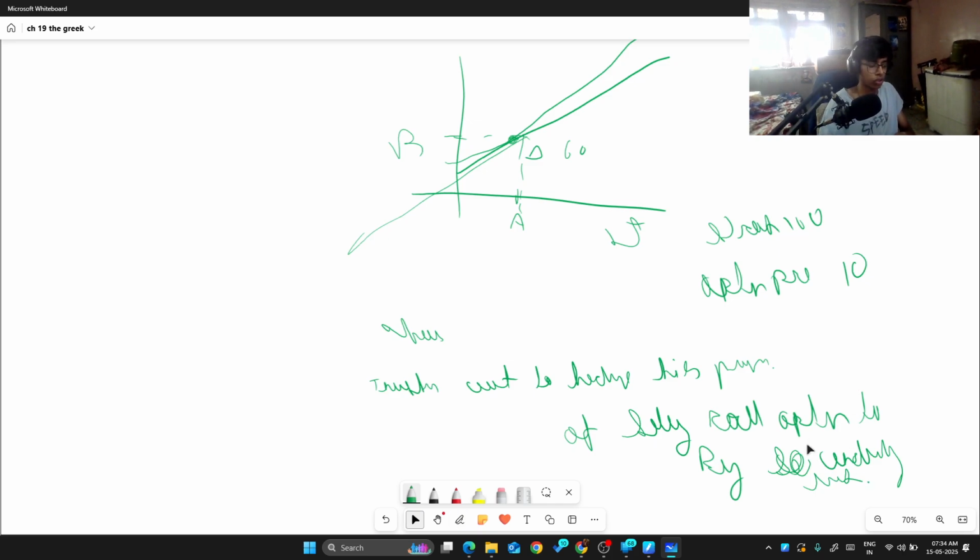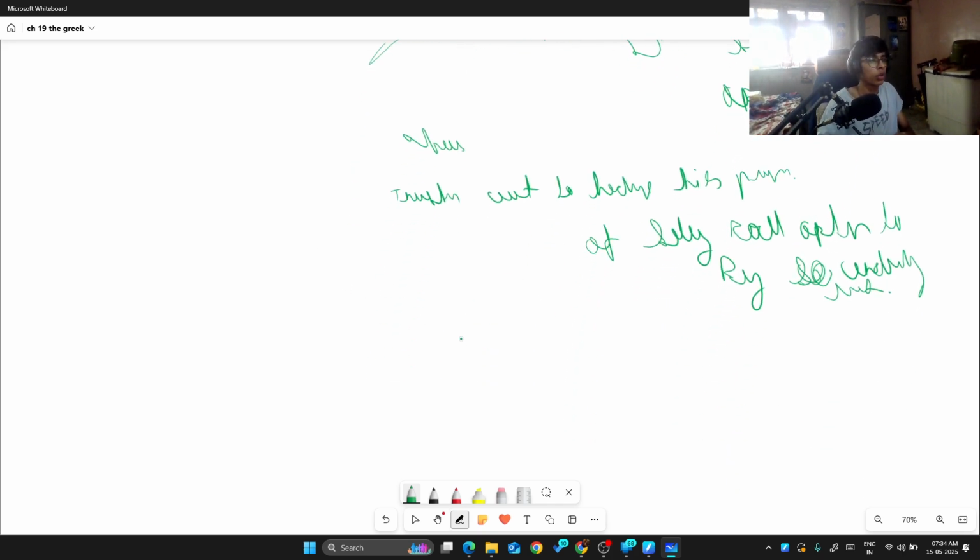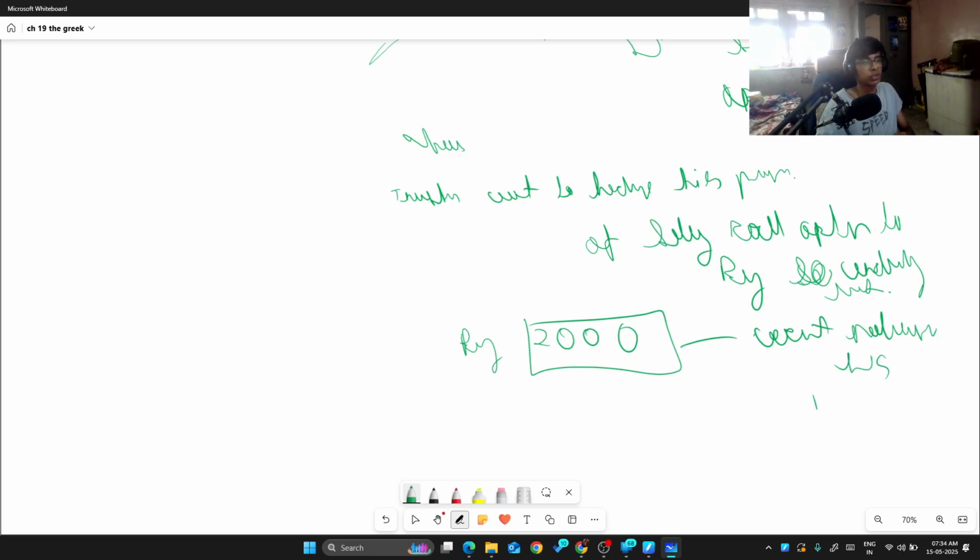To buy the stock, so he buys 2000 of stock. Okay, he wants to neutralize his risk of price going down, so he will multiply 0.6, our delta value, with the 2000.